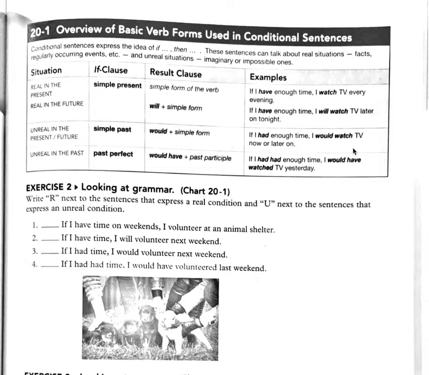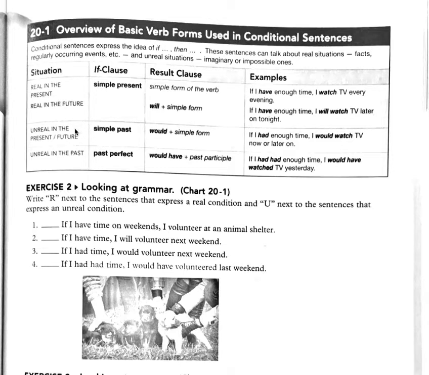Now here, ladies and gentlemen, these are going to be, for example, this part here, real in the present, real in the future, that's going to be chart 20-2, which will be on page 428.